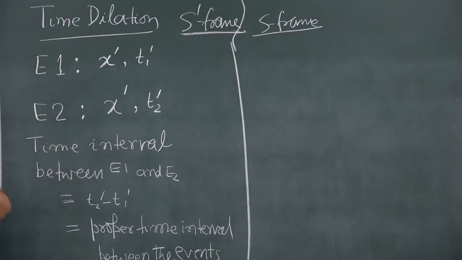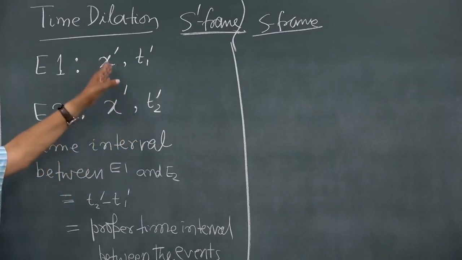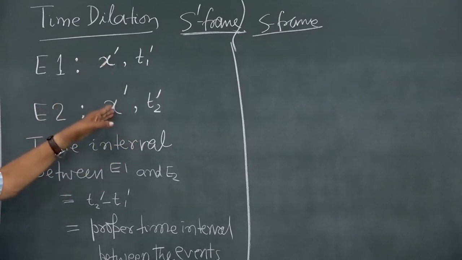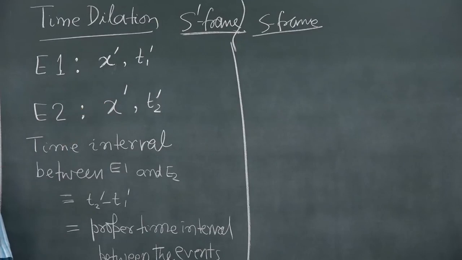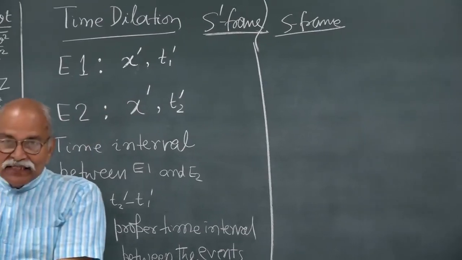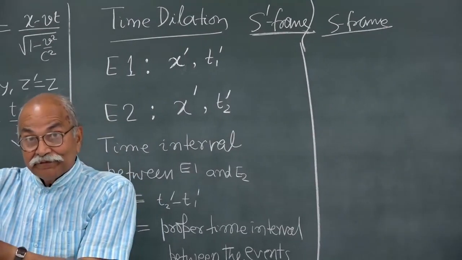Same story: S prime is moving with respect to S. In S prime you have two events at the same position, and in the S frame the first event has taken place, and the frame is moving.